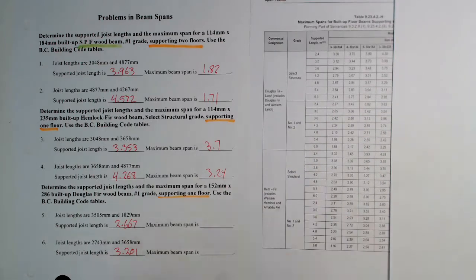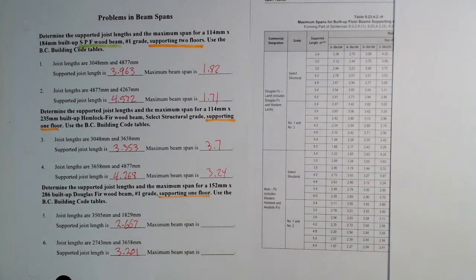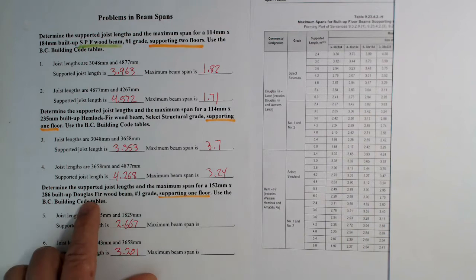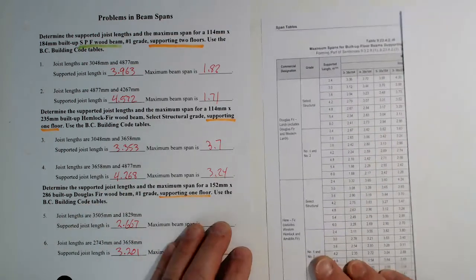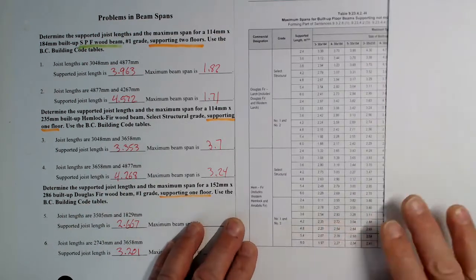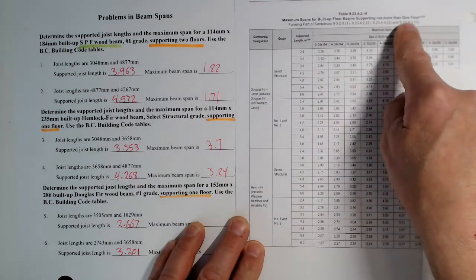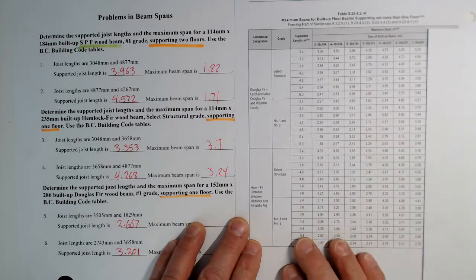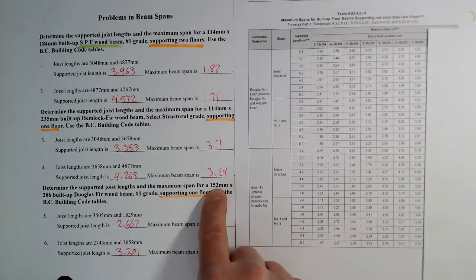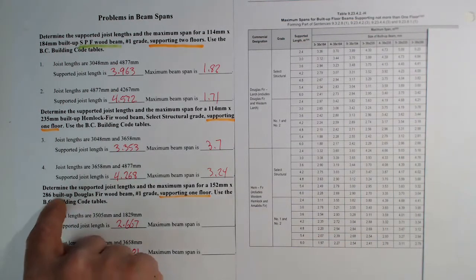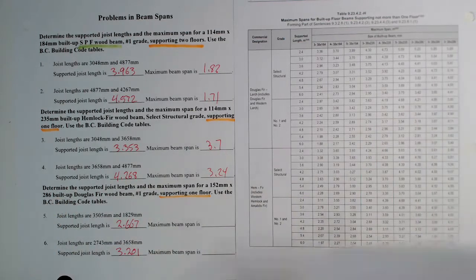All right. Now our next and last table, we're going to be going for the Douglas fir. Oh, that's on the same table here. Let's move this over. So here's our Douglas fir supporting one floor, supporting not more than one floor. In this case, our beam is made up of a 152 width and a 286. 286, of course, is a 2 by 12.